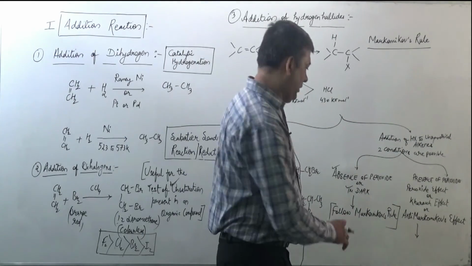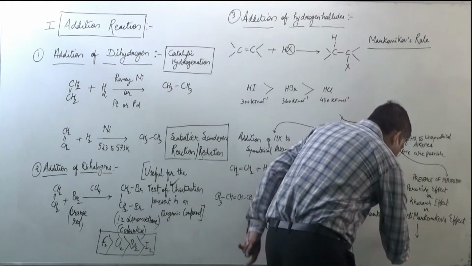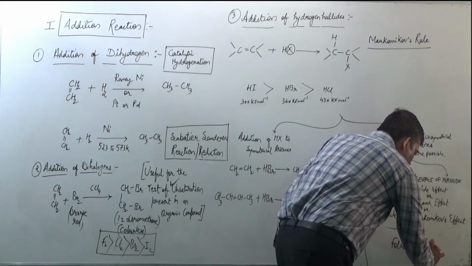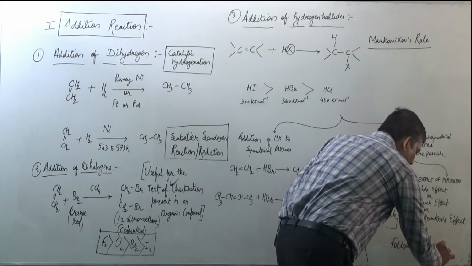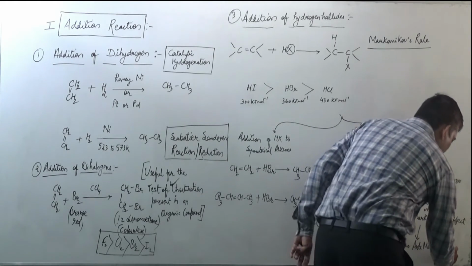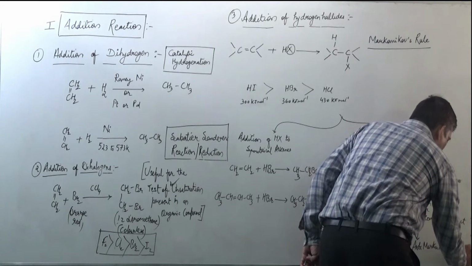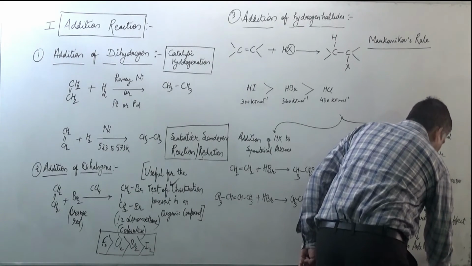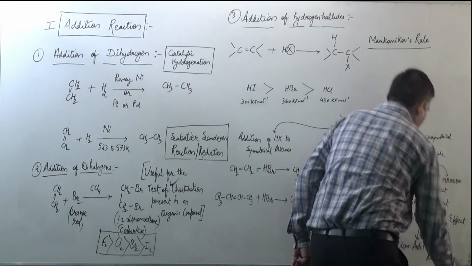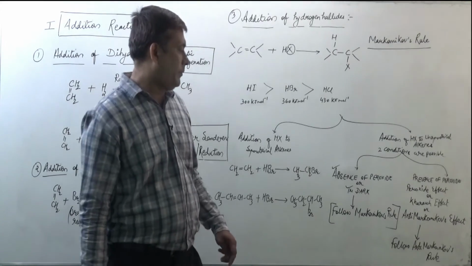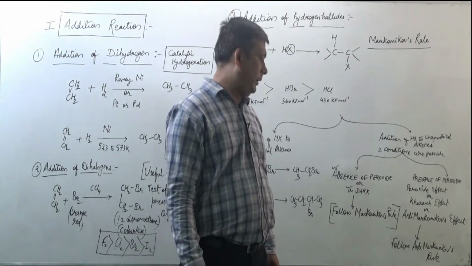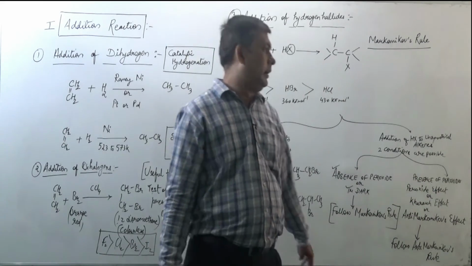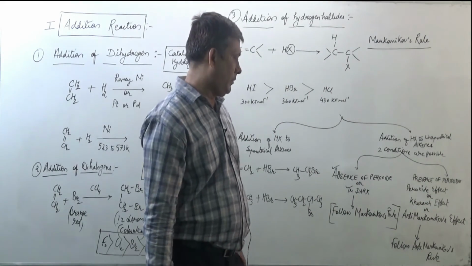So I am writing the summary here. We have to follow anti-Markovnikov's rule. Okay, we have to follow anti-Markovnikov rule whenever peroxide is present with the unsymmetrical alkene.